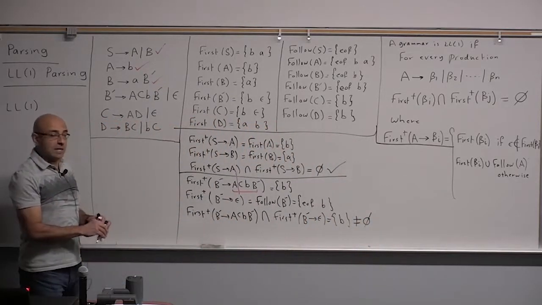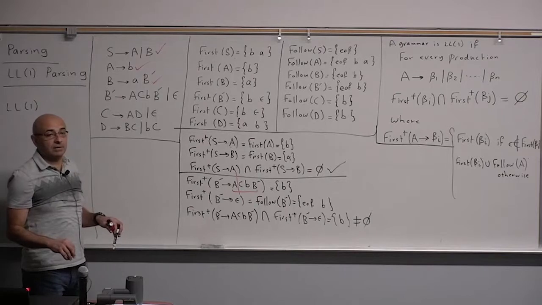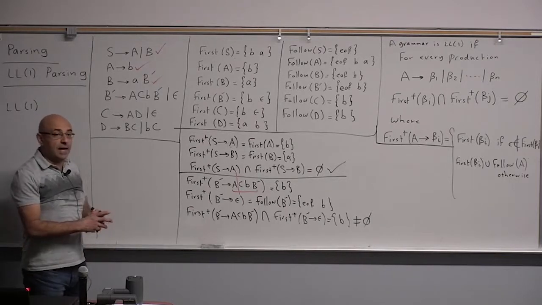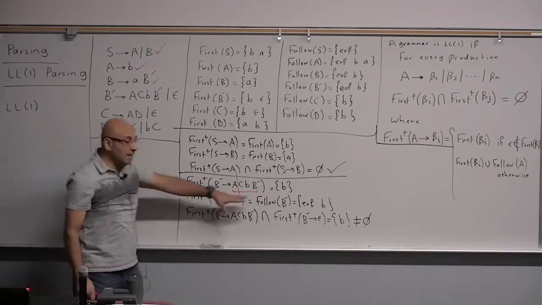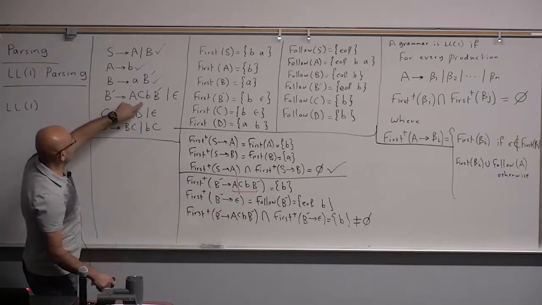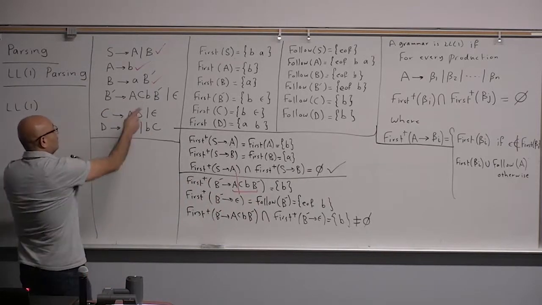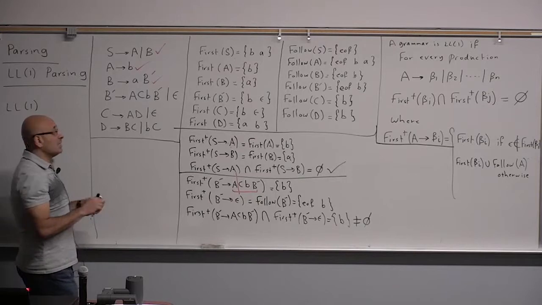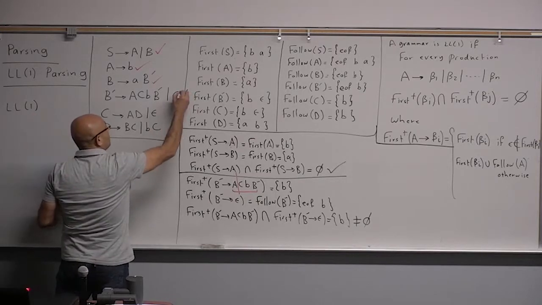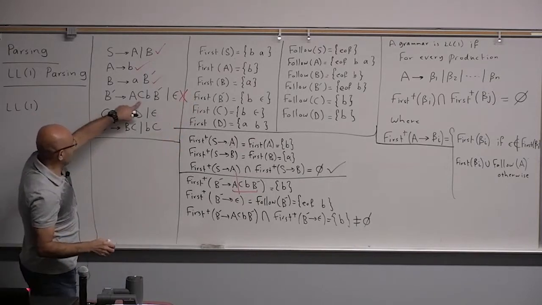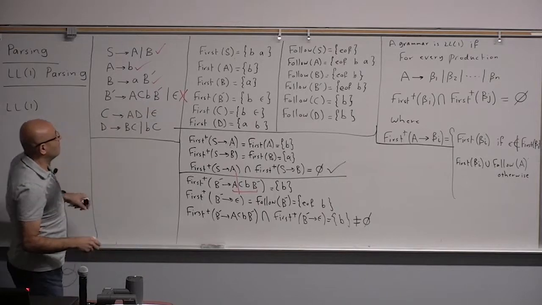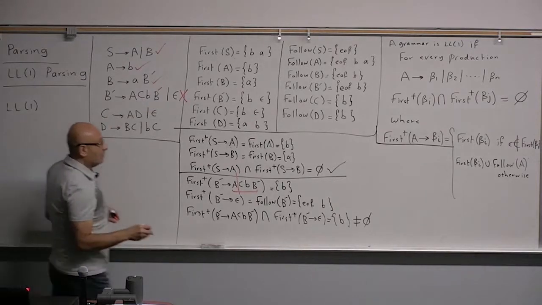This is enough to say that this grammar is not LL1, because if you find any intersection between two alternatives, these two alternatives are not good. There is an intersection between the extended first set of this and the extended first set of this. So it's not LL1.